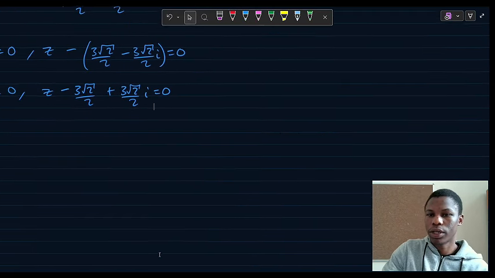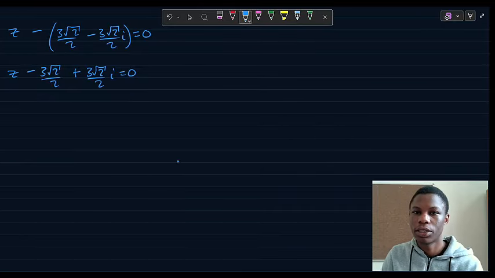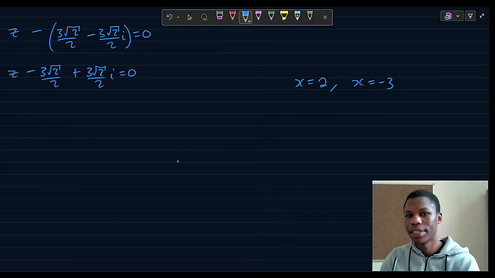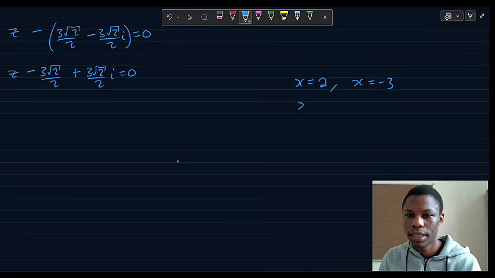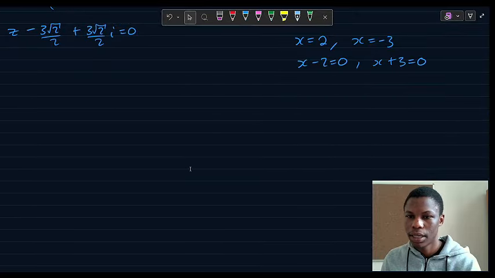And basically what we're trying to do here is, if you were given some quadratic and you solved the quadratic and you ended up with the solutions x is 2 and x is negative 3, you can reverse engineer this to figure out what is the quadratic that produced these roots. And you can do that by saying x minus 2 is 0, moving that there, and x plus 3 is 0, and we've got x minus 2 multiplying x plus 3, and this would have been 0.